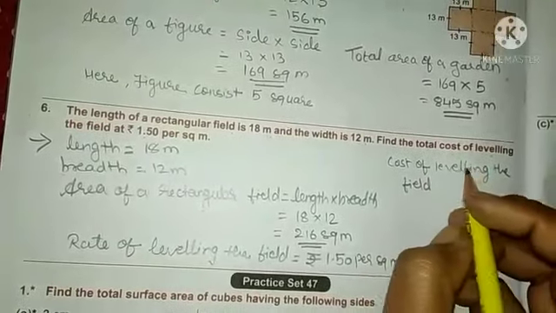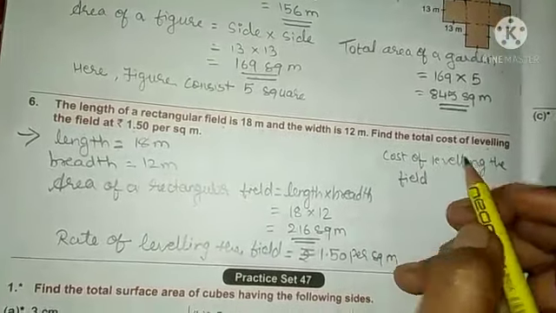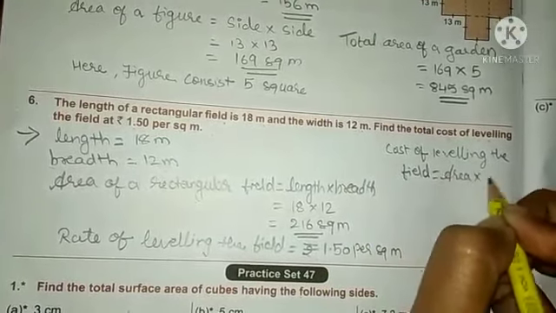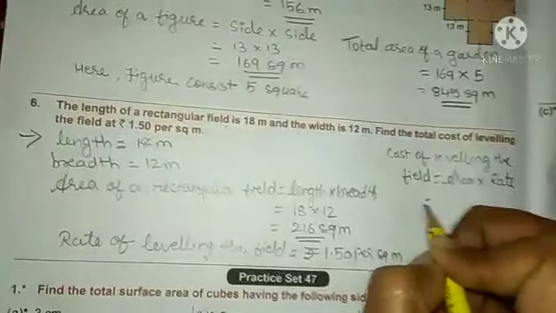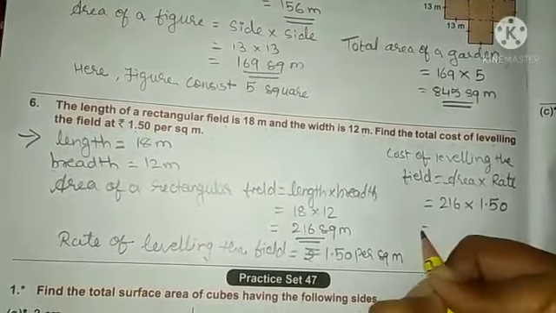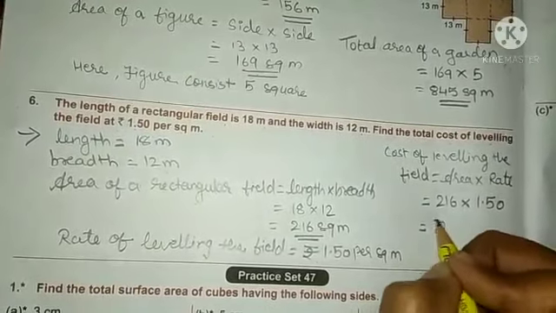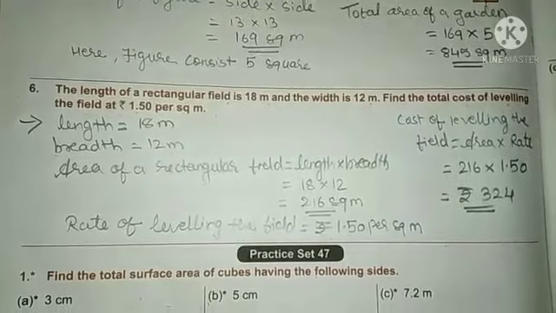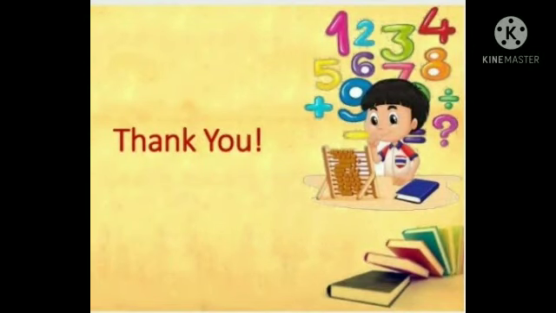What do you have to do? You have to multiply what? The area with the rate. So area multiplied by rate. So what is the area? 216, and your rate is 1.50. So what will be the cost? That is 324. Clear? Understood? Thank you.